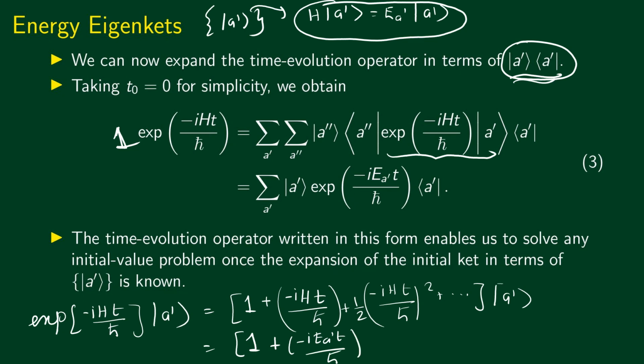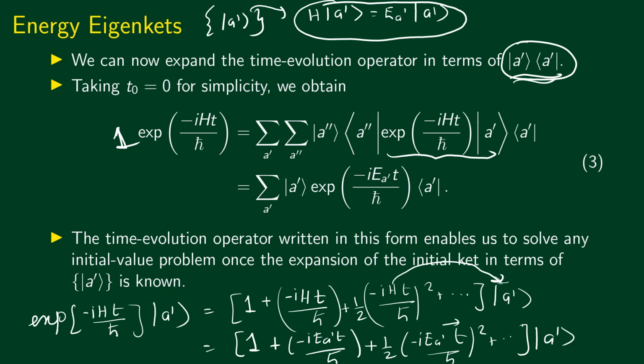We shall retain ket a prime outside here. We are just using the relation H acting on ket a prime is equal to E a prime multiplied by ket a prime. And here we have the Hamiltonian acting twice on ket a prime, and obviously that should be 1 by 2 times minus i E a prime t divided by h bar squared plus etc., multiplied by ket a prime.